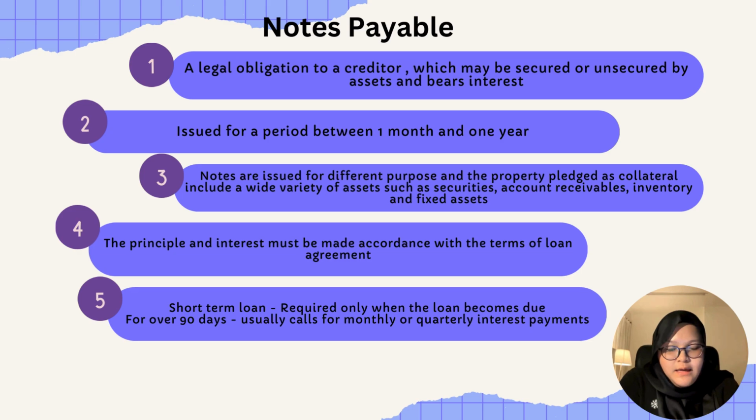For principal and interest payment, there are two types of repayment, which are short-term loans and loans over 90 days. For the repayment of a short-term loan, the interest and the principal are only required when the loan becomes due. And for over 90 days, the principal and interest payment usually calls for monthly or quarterly interest payments.